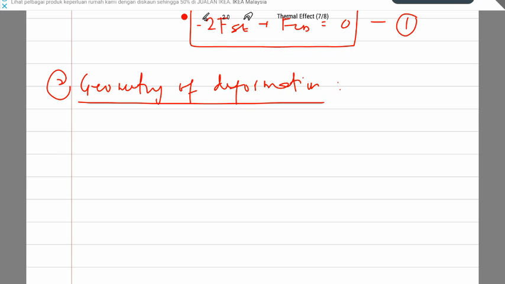In this case, when CD is heated and pushes the rigid bar. Okay, my suggestion, it always helps if you draw or sketch what is happening to that structure as a whole. Based on the drawing, you can then write the geometry of deformation equation.